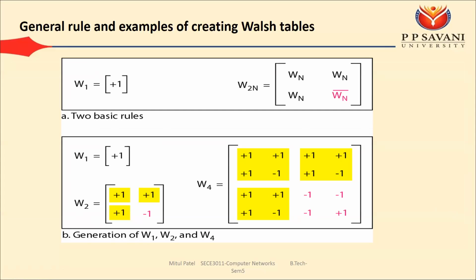If you have a network in which the number of stations is more than 4, then you require W8. How can you create W8? W8 can be created by W4, W4, W4 and W4 bar. If you have more than 8, then you need to create W16: W8, W8, W8 and W8 bar.